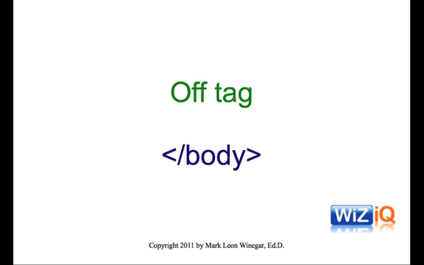When we get to the end, though, we want to turn it off. Now notice that there's a slash in front of the word body. That turns it off. Also, when we turn off a tag, we do not have to repeat the attributes of the tag.